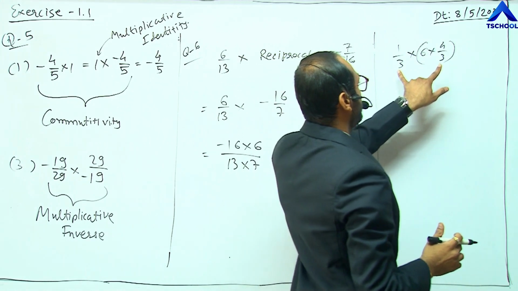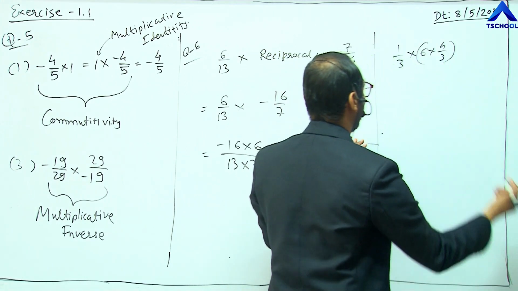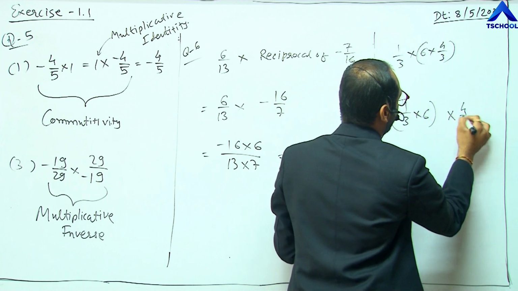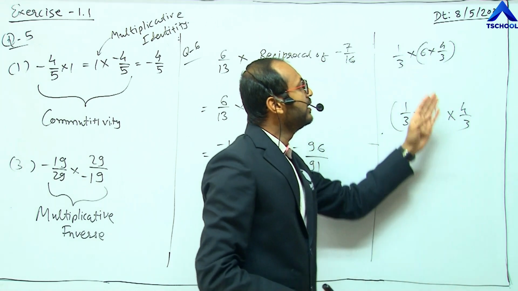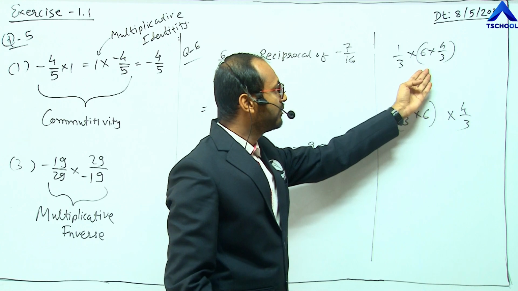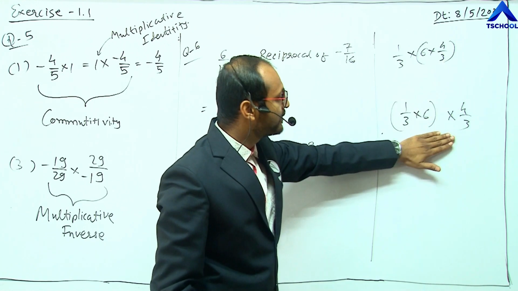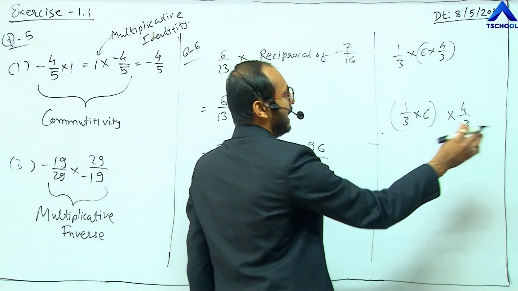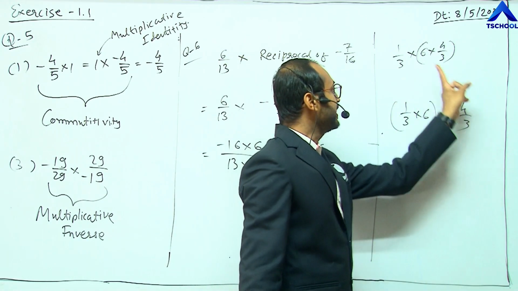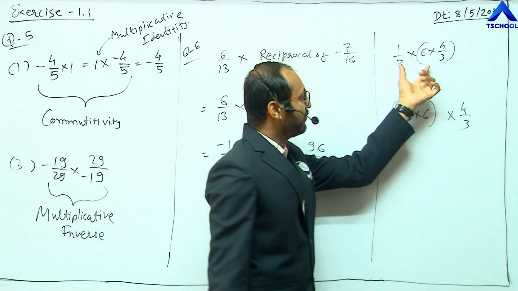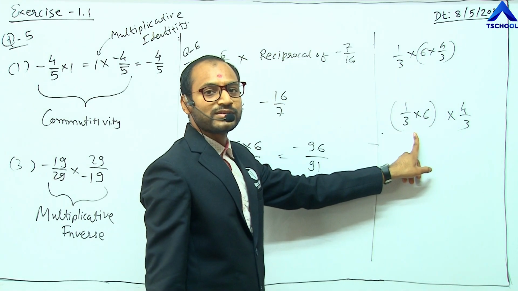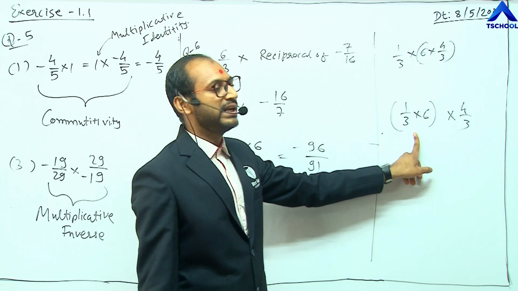We have to simplify this as 1 upon 3 into 6 multiplied by 4 by 3. How can we simplify this given number in this format? The associativity. Initially we associate these two numbers, and now we are associating these two numbers. So we are using the associativity property.